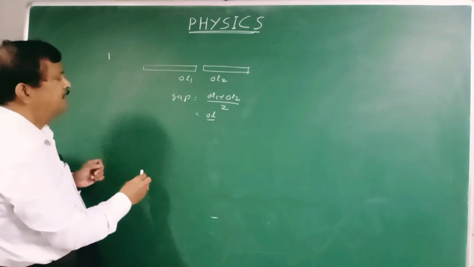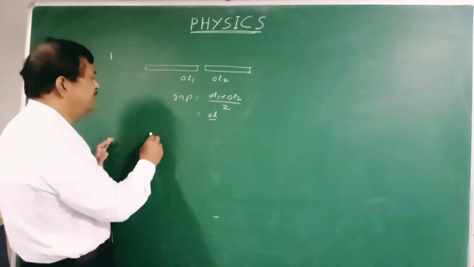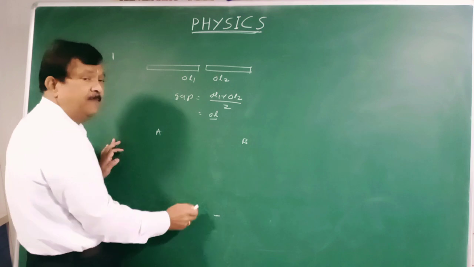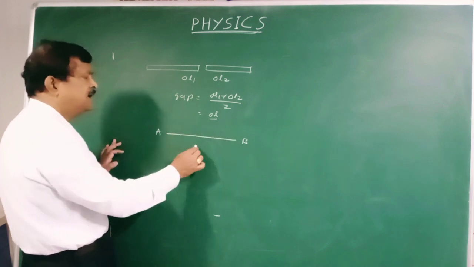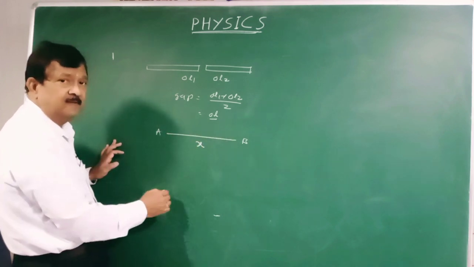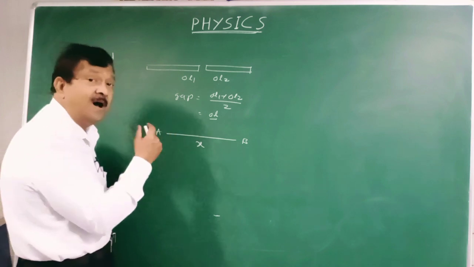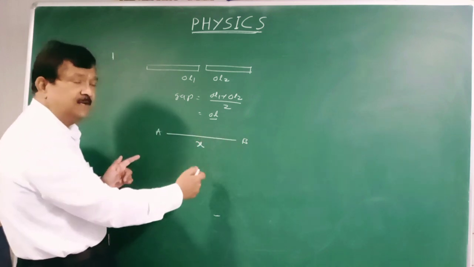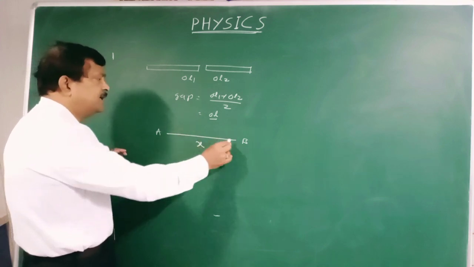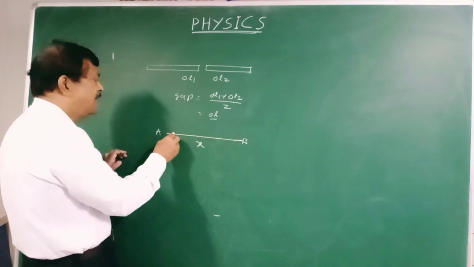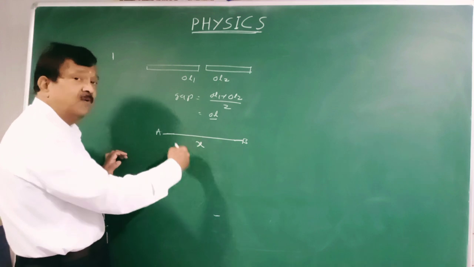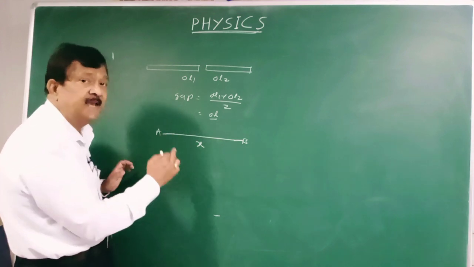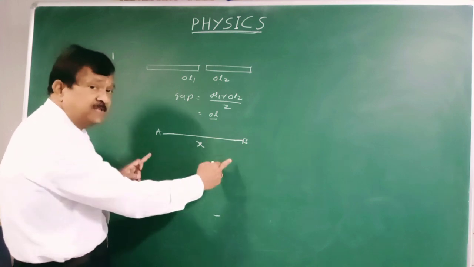The next one is when the total length of the track is given. Suppose there are two stations A and B, and the distance between them is x. To get the sum of all the gaps present between the two stations, simply consider a single rail of length x and find its expansion.